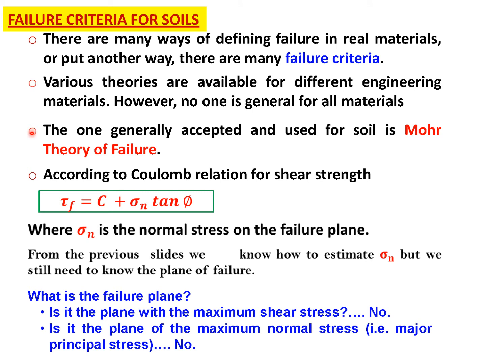The one generally accepted and used for soil is Mohr theory of failure, and you are quite familiar with that. According to the Coulomb relation for shear strength, tau f is equal to c plus sigma n tan phi, where sigma n is the normal stress on the failure plane. From the previous slides, we know how to estimate sigma n, but we still need to know the plane of failure.